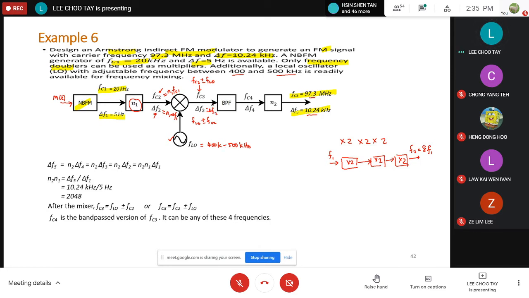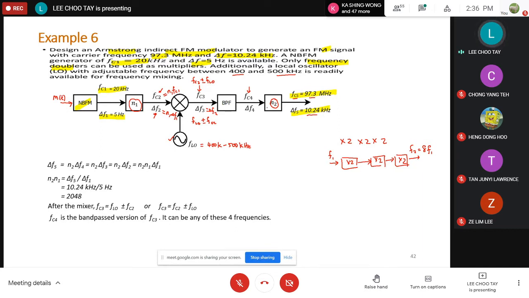Then we pass this signal through a bandpass filter to allow any one of these four frequency components to pass. So FC4 is any one of these four. If you choose the appropriate FC4 and then multiply it with the second multiplier, which is N2 here, that is supposed to give you an FC5, which is 97.3 megahertz.